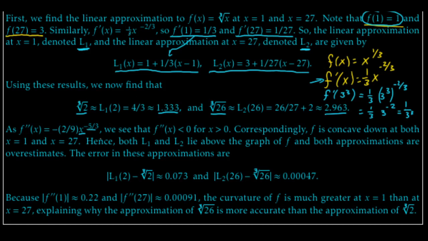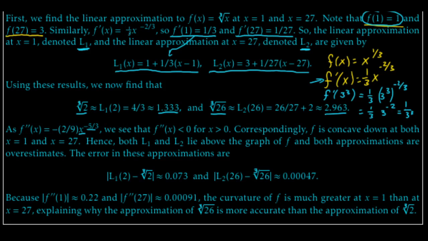Since this exponent's negative, I can't plug in any zeros or anything like that. I've got one critical point, and so there's only one place where this guy can change sign. If you look, you can't plug in 0, so try something like 1, try something like -1, and you'll find out that f double prime of x is less than 0 when x is greater than 0.